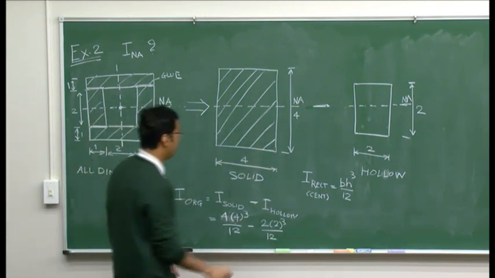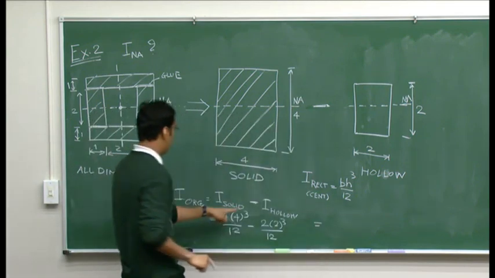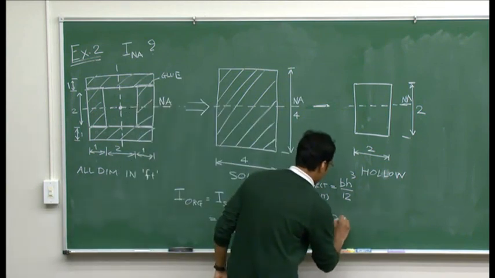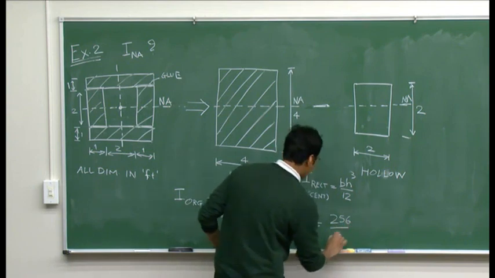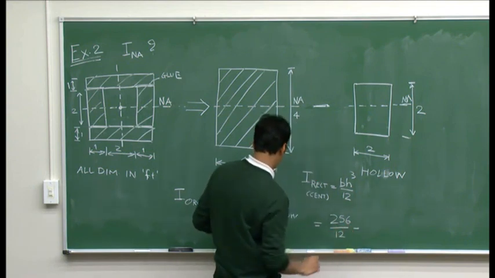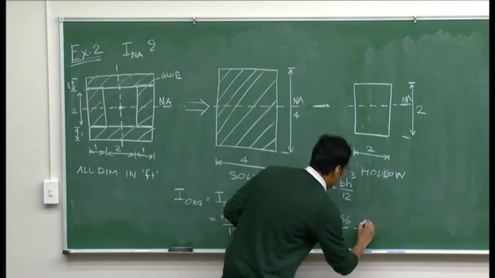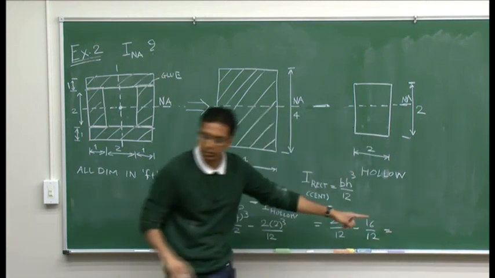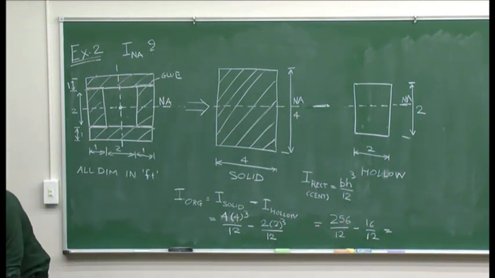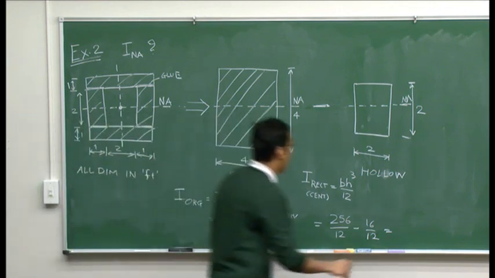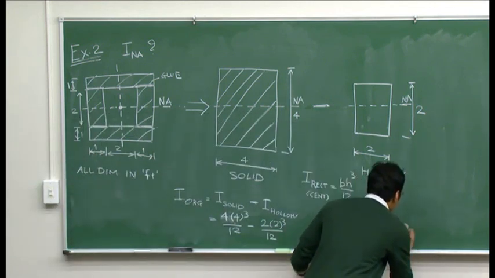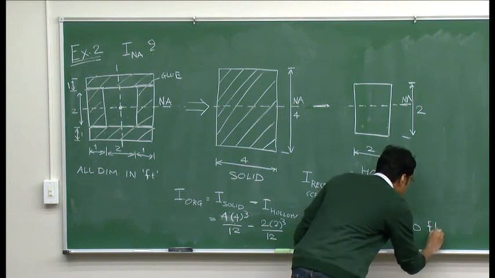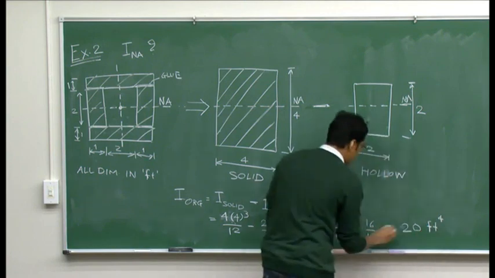Okay, so if you solve this, 4 into 4 into 4 is, I guess, 256 over 12, minus 2 into 2, 4, 4 into 4 is 16 over 12. Okay, I may be wrong in calculation, but I'll get this number correct, and that comes out to be 20 feet to the power 4.